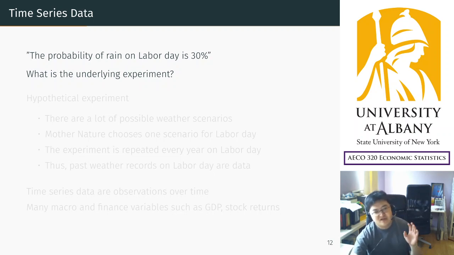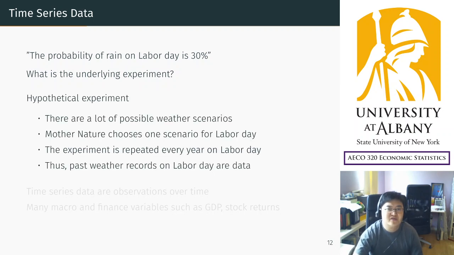Maybe it's a little bit ad hoc and awkward, but we try to squeeze this sentence into our structure. This is how statisticians justify that. Hypothetically, you cannot repeat the experiment in reality, but hypothetically, the randomness is generated by Mother Nature. Mother Nature has a lot of weather scenarios: how the clouds move around, how the temperature goes up and down.